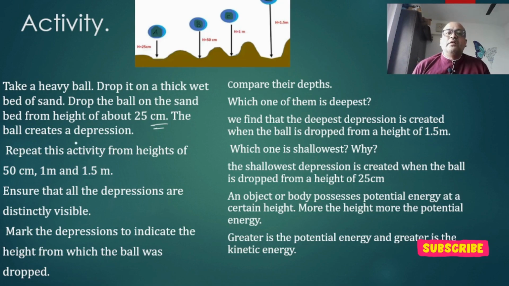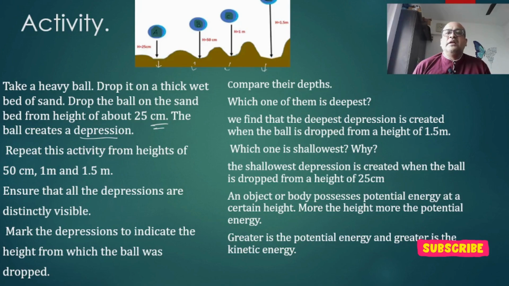Then what does the ball create? The ball will create a depression. See here, the ball creates a depression. Now we need to repeat this activity from heights of 50 centimeters, 1 meter, and 1.5 meters, and check the depression created by the ball.